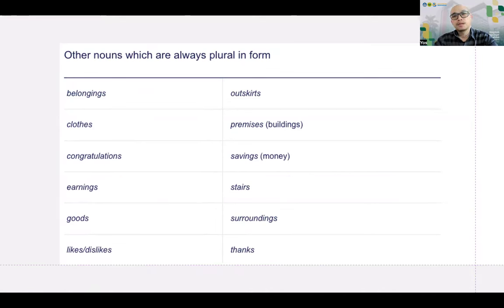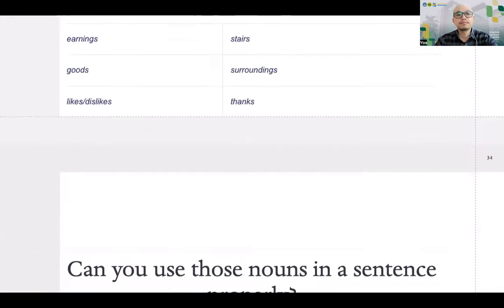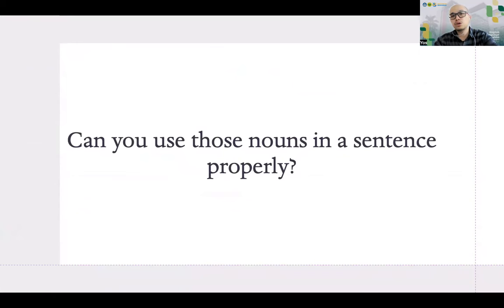So when you use these nouns in a sentence, use them in their plural form, because they are not used in their singular form. I hope you can use those nouns in a sentence properly. You can start by using them daily in your English practice.